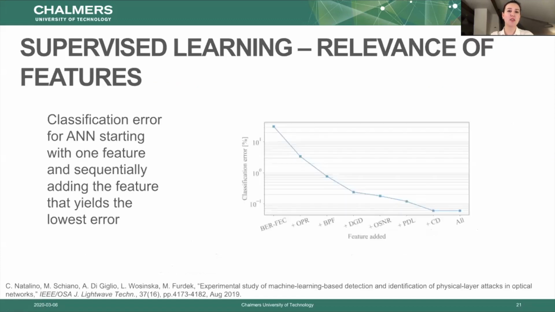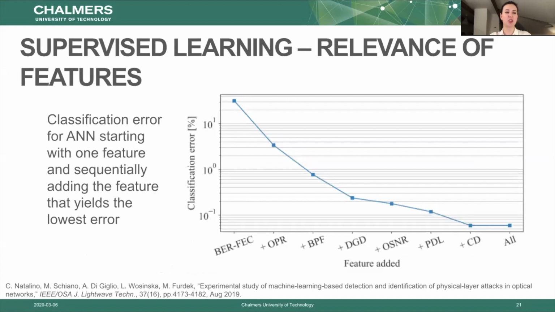We also tested the relevance of features for the artificial neural networks. We started by having just one feature in the data set, the one that had the lowest classification error. And then we iteratively added one by one the feature that yielded the highest reduction in classification error.